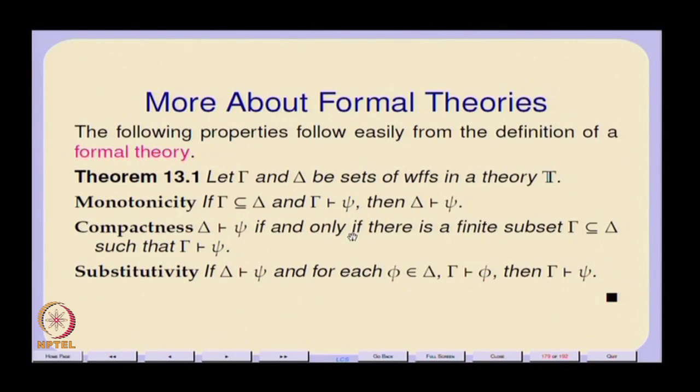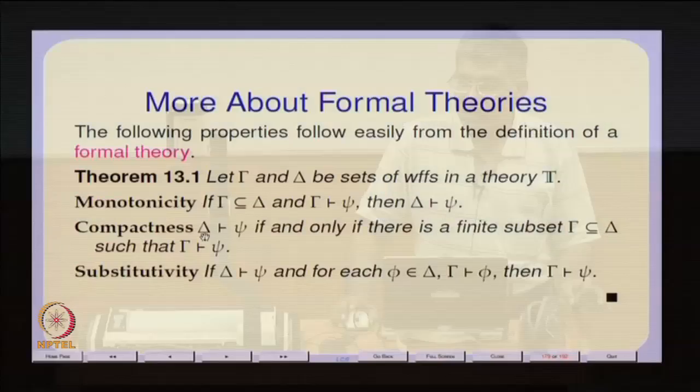But the main point about this property is that when we talk about a proof or provability, we are talking about provability in a finitary sense. For the proof of any statement psi from a possibly infinite set of assumptions delta, if there exists a proof, it has to exist from a finite subset of that set of assumptions.